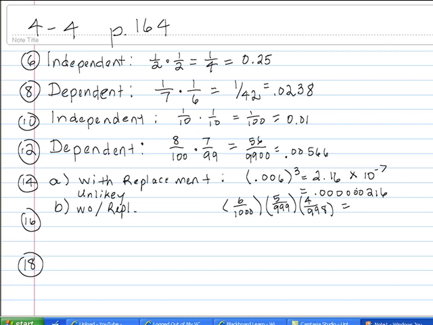And I'm getting 1.20 times 10 to the negative 7. To the negative 7, so that means, again, 6 zeros. And 120. And there again it's very small, so again it's unlikely.